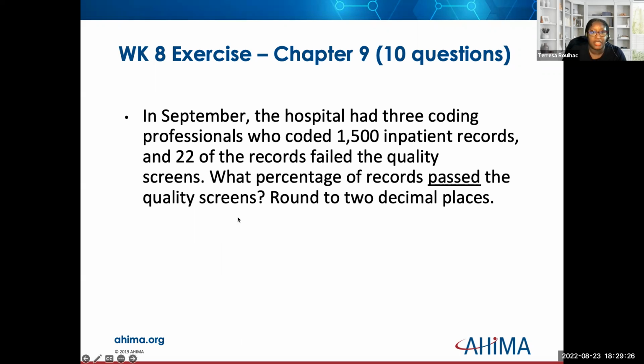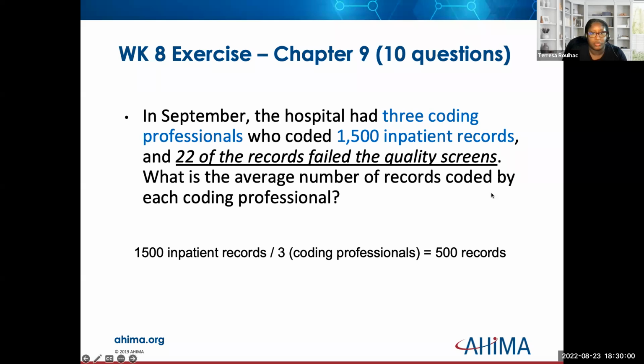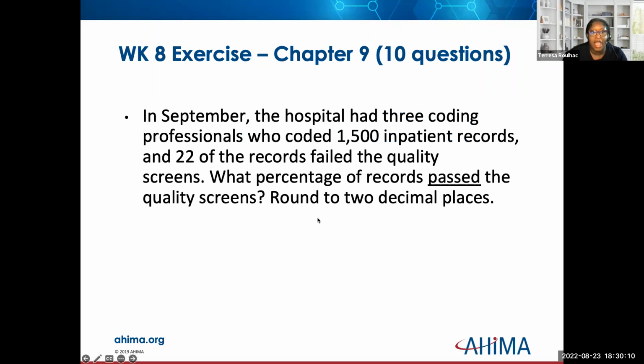So the first one, we're looking at what percentage of the records passed the quality screening, rounded 2 decimals. Okay, just to recap, this one was what is the average number of records coded by each coding professional? And this one, now we're looking at what percentage of records pass the quality screens, okay? Make sure we're still on the same page.